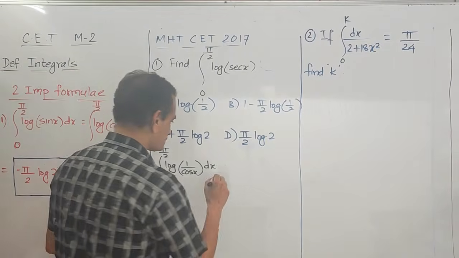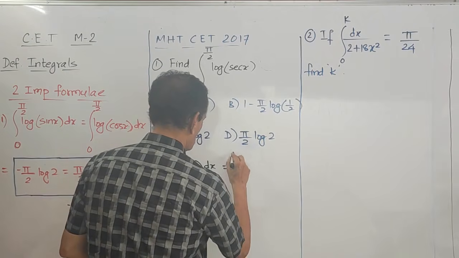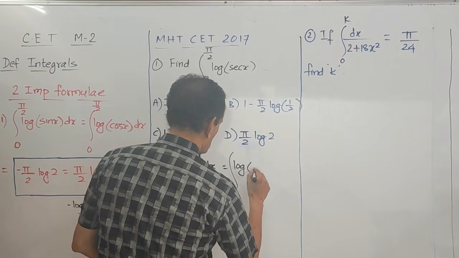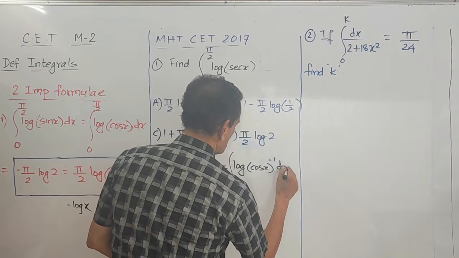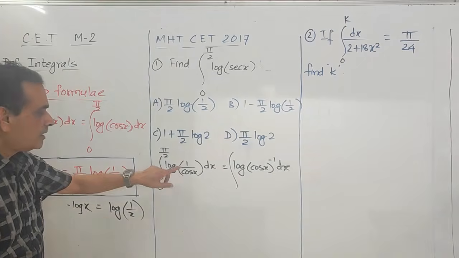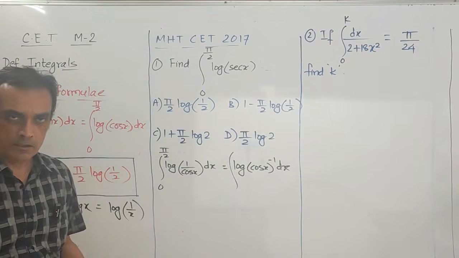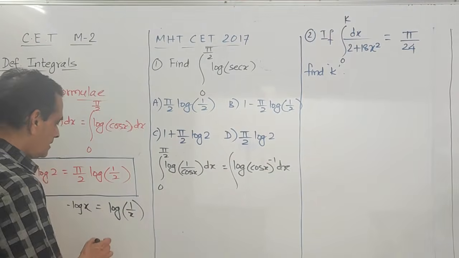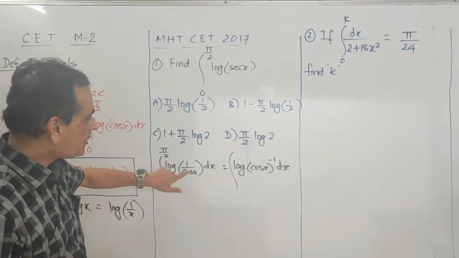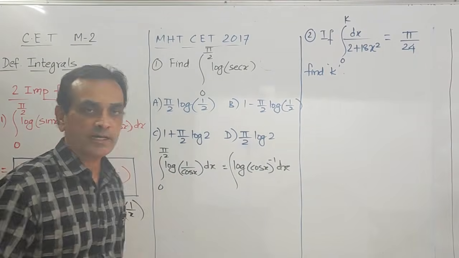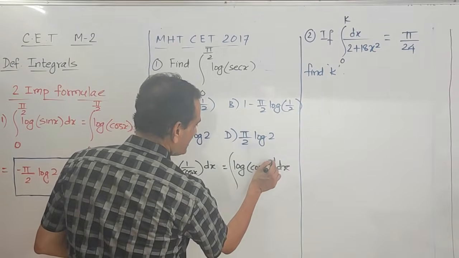Then one upon cos x means cos x raised to minus 1. Laws of indices. 1 upon x is x raised to minus 1. 1 upon cos x is cos x raised to minus 1. Now rules of log, minus sign comes in front.